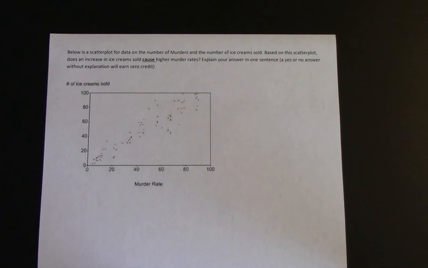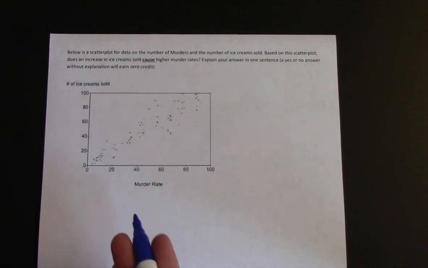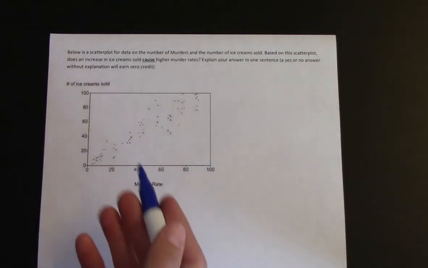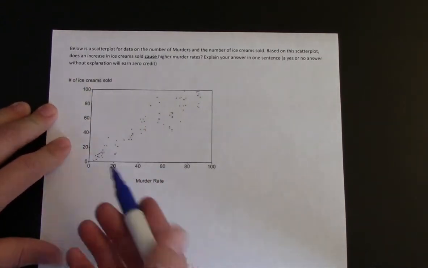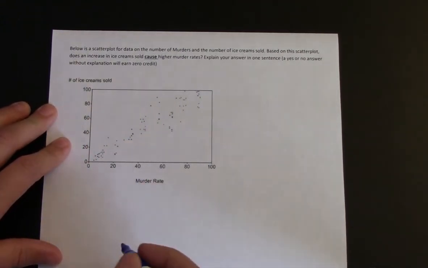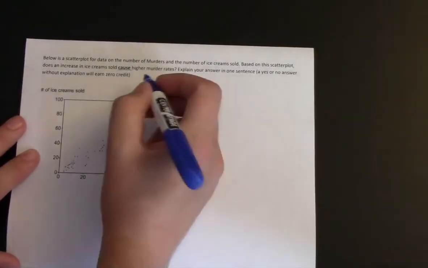Explain your answer. Okay, so this question is basically asking, do you understand that causation and correlation are not the same thing? So in this case, it's very obvious that ice cream should not lead to more murder, right? As a matter of fact, people get happy when they have ice cream, so you shouldn't be murdering anyone after you've had ice cream, right?